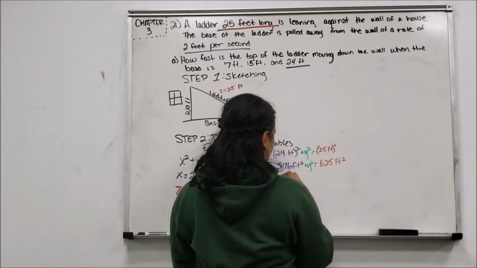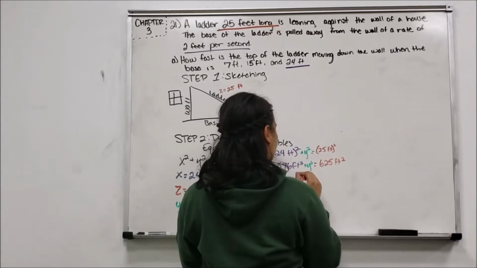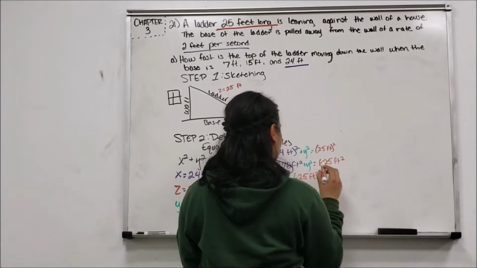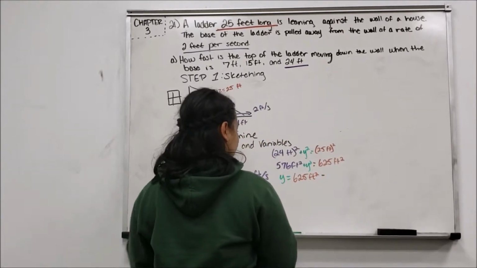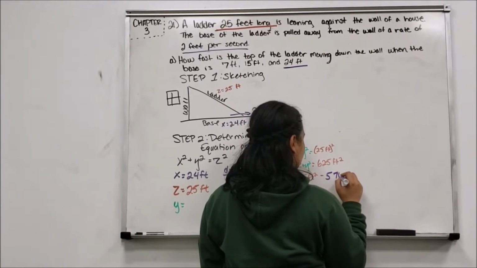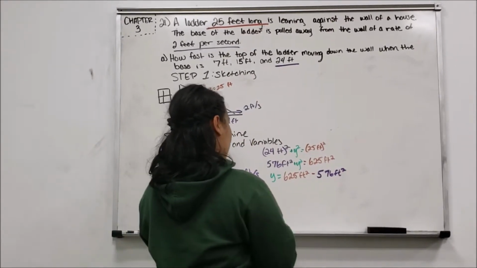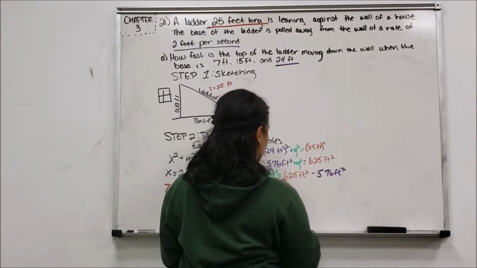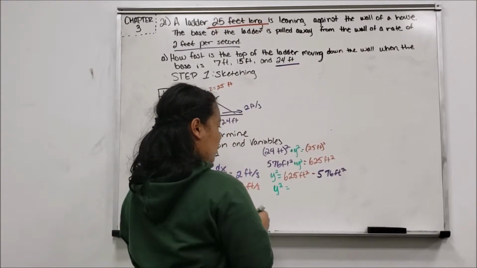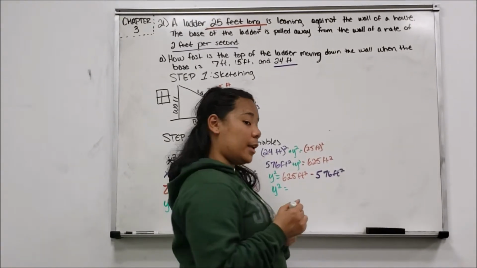And we get y squared equals z squared, which is 625 feet squared, minus x squared, which is 576 feet squared. And we get y squared equals this minus this, which is 49.